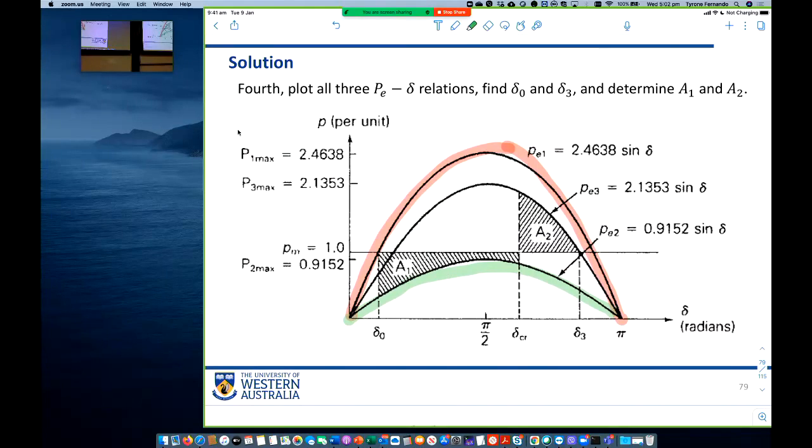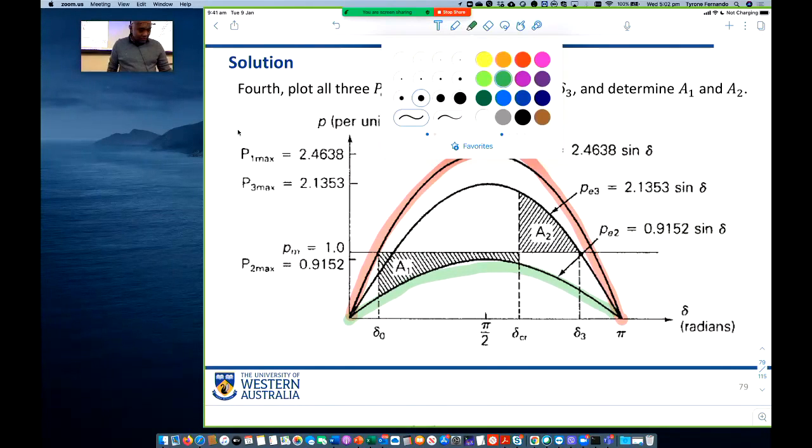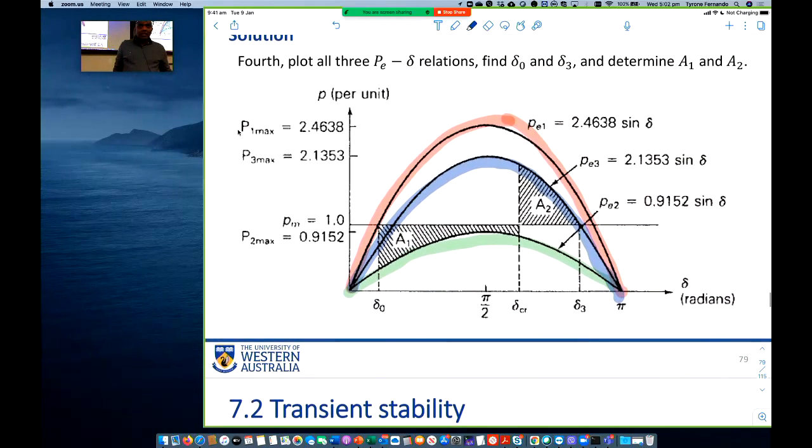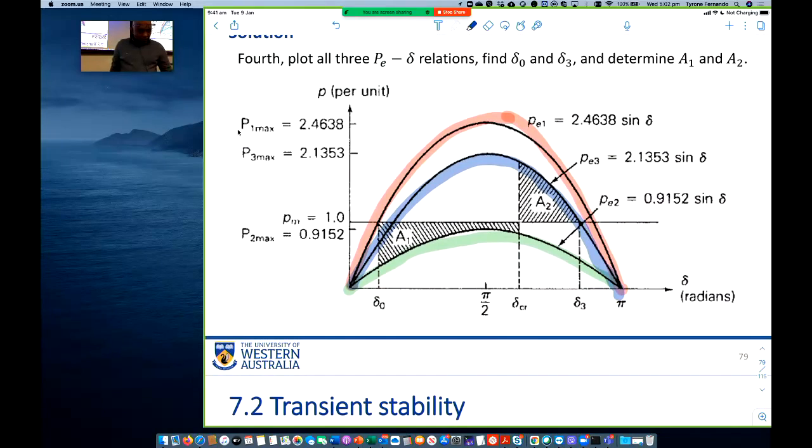That's the power curve during the fault. And after the fault, the power curve looks like this. Now, in all three cases, the circuit looks like this.